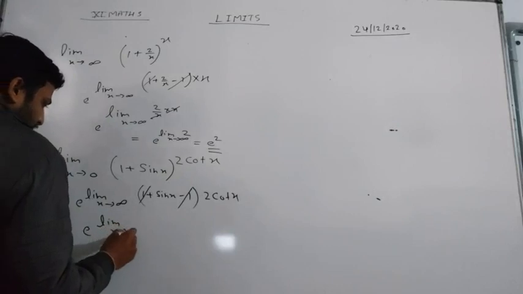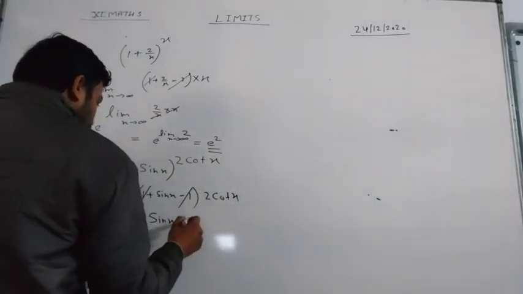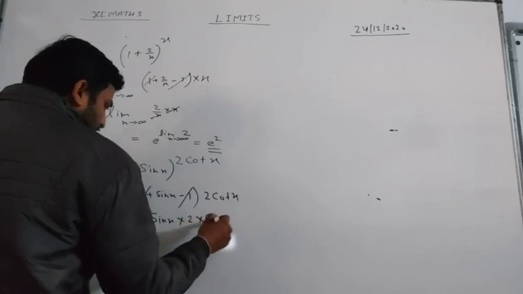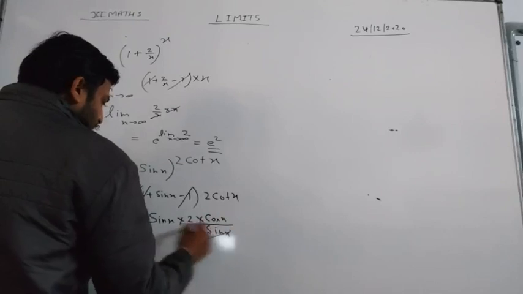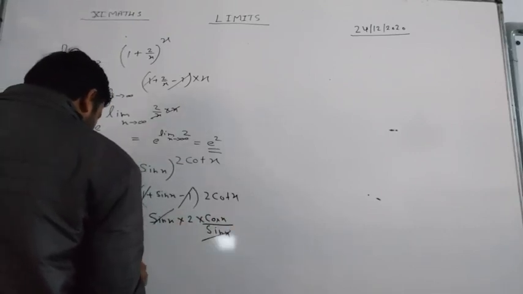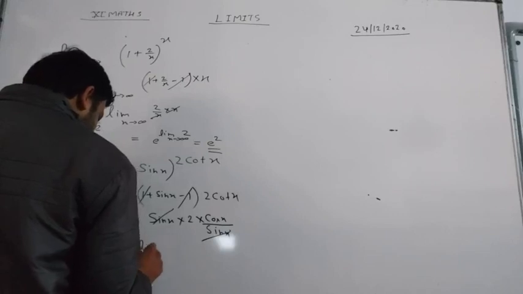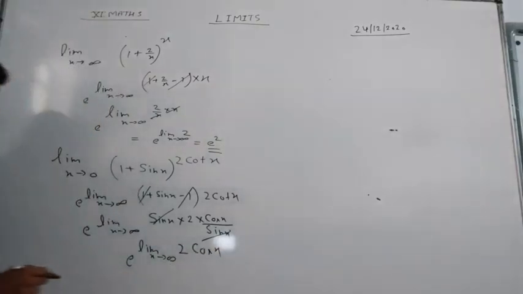Limit x tends to 0, this is sin x into 2 into cos x by sin x. These both are cancelled. So students, we are getting e to the power limit x tends to infinity 2 cos x.